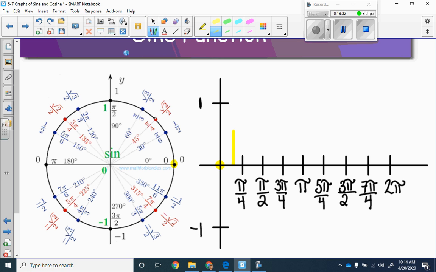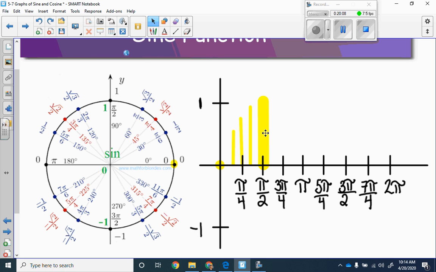Now, if I were to take pi over 4, we are at square root of 2 over 2 units above your x-axis. Then if I go to pi over 3, that is the square root of 3 over 2 units above your x-axis, and these are slightly off a little bit. And then I get to positive 1, which is 1 unit above your x-axis.